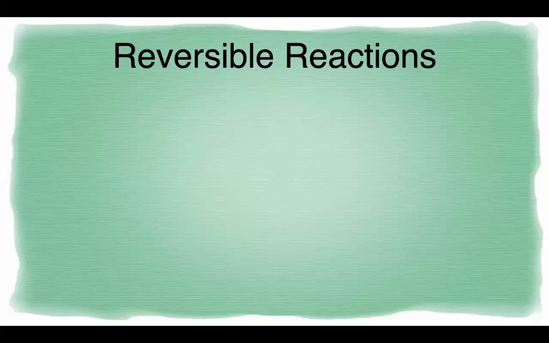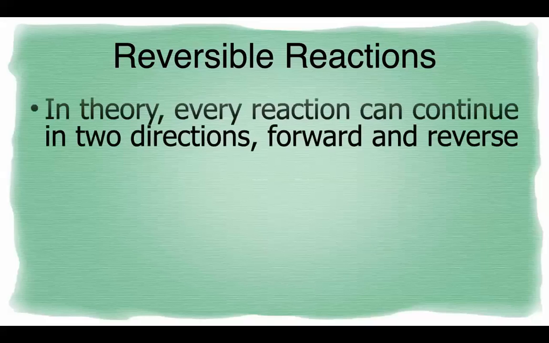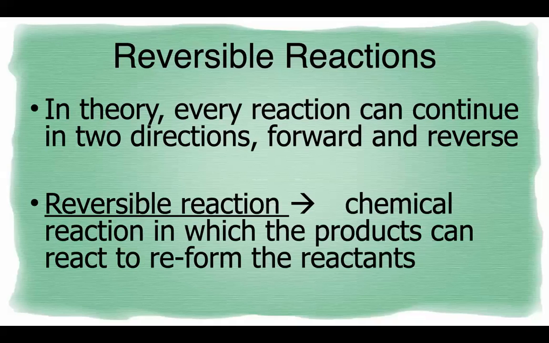So the first thing about chemical equilibrium is that it only applies to reversible reactions. A reversible reaction is a reaction where the products can react to reform the reactants. And we're going to be using a double arrow because the word equilibrium usually implies that you have two opposite processes that are occurring at the same rate, right?